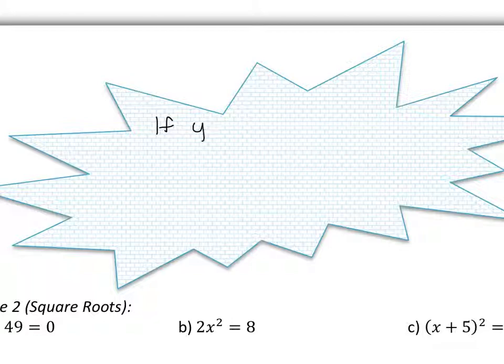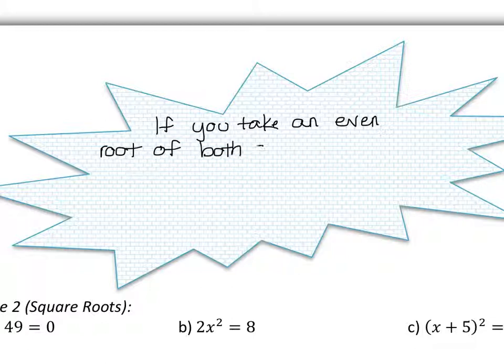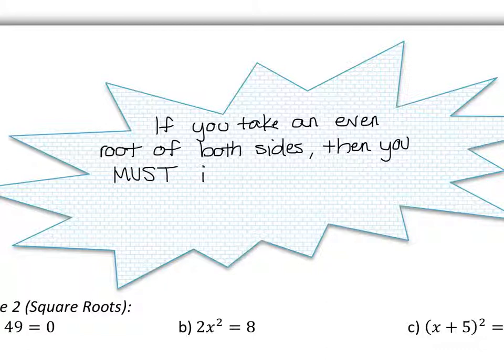If you take an even root, so that's like square root, fourth root, sixth root, any of those, of both sides of the equation, then you must insert a plus minus, which is weird, but it's very necessary.